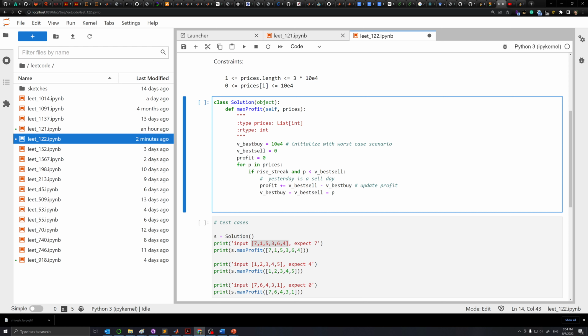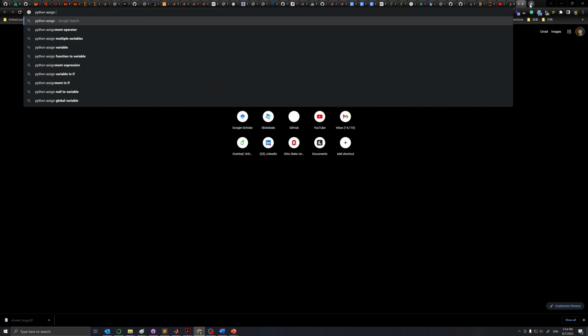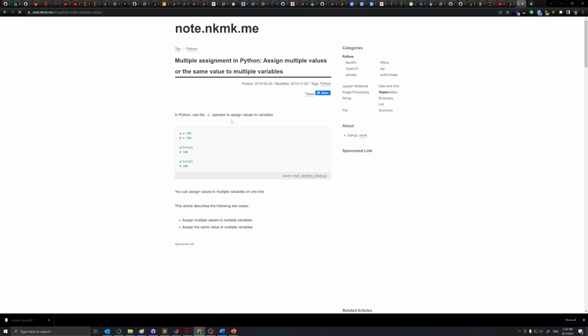Can we do that in Python? Can Python assign two variables at once to the same value? Yeah, can you do that?